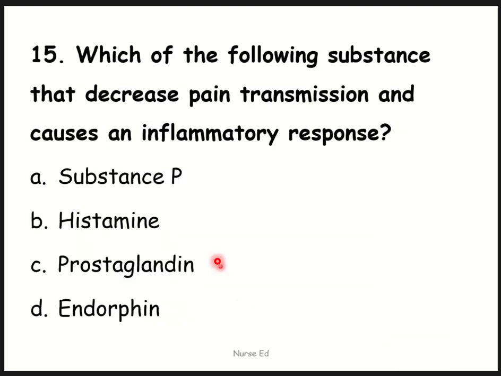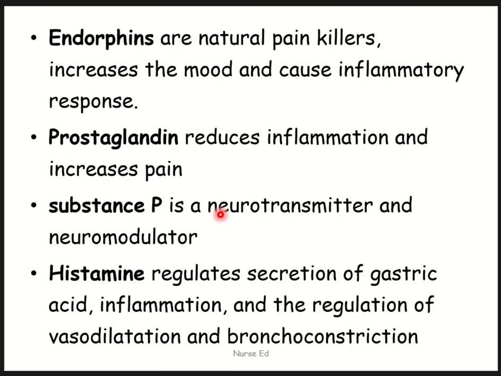Which of the following substances decreases pain transmission and causes an inflammatory response? Substance P, histamine, prostaglandin, endorphin. Guess what? Endorphin. Endorphins are natural painkillers. They increase the mood and cause an inflammatory response.